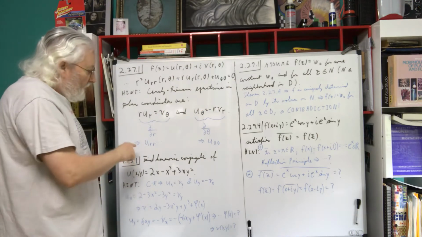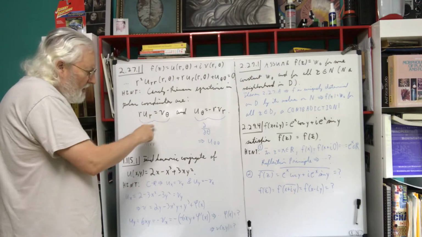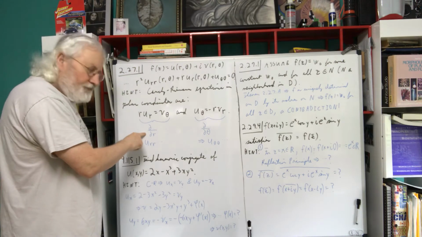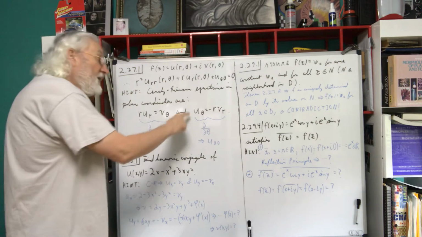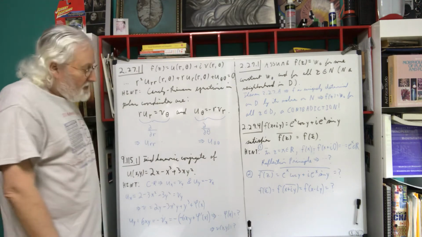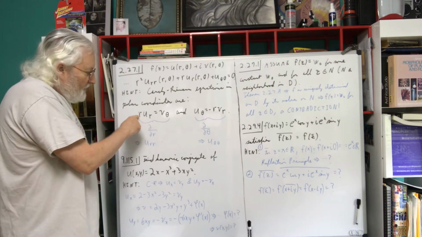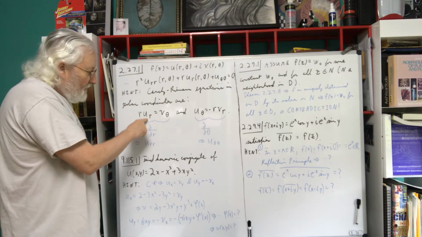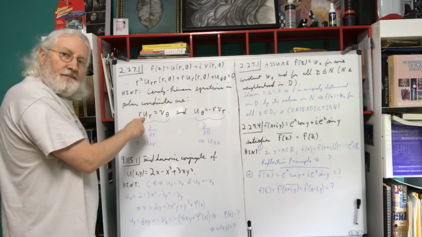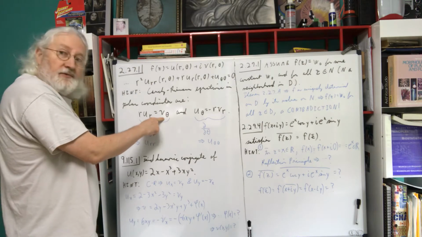So here's my big hint for you. Take this equation from Cauchy-Riemann, take a partial with respect to r of both sides. Take the other one, take a partial with respect to theta of both sides. Now here you're going to need a product rule, because we've got a function of r itself, and the partial of u with respect to r is a function of r and theta as well.